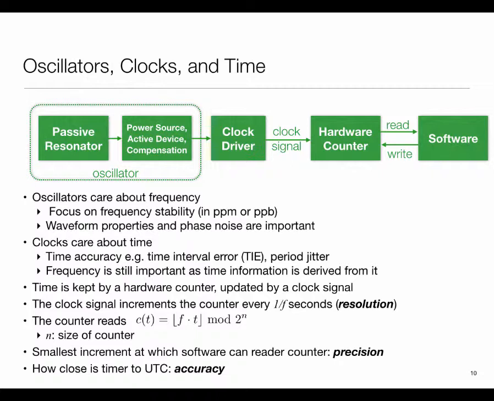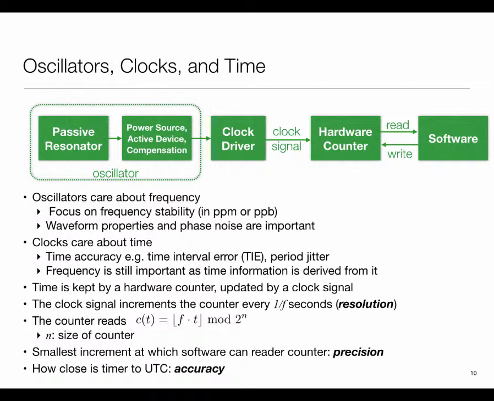At the software level, the typical abstraction is that you can read this counter and you can write to it, but most processors also offer other capabilities. For example, you can say, do an interrupt when the counter reaches a certain value, or inform me when the counter is overflowing. Additionally, you may do things to this clock driver.